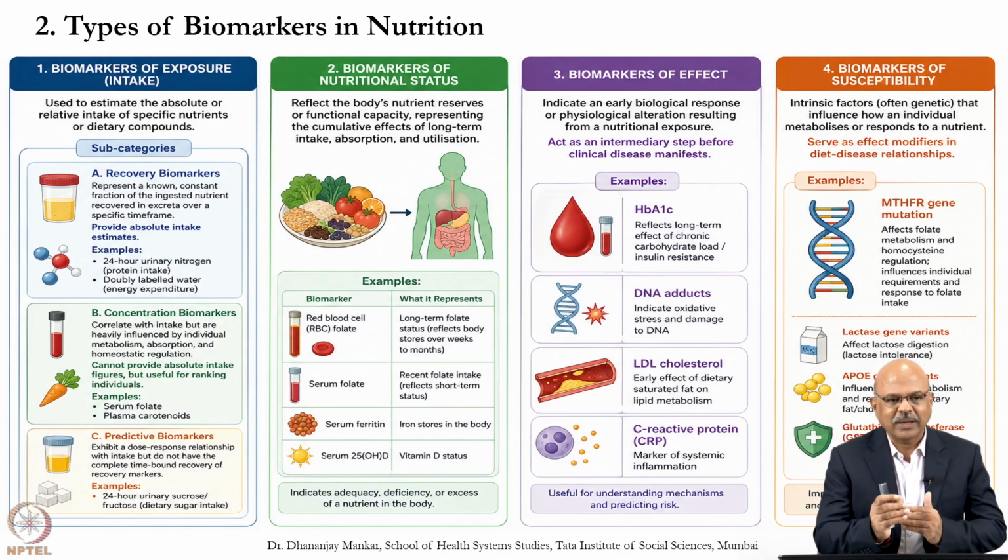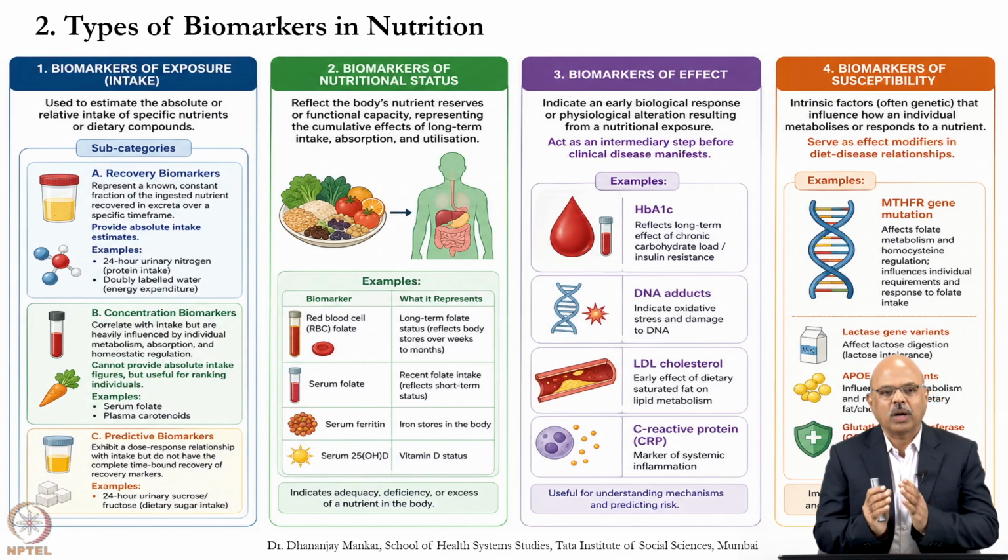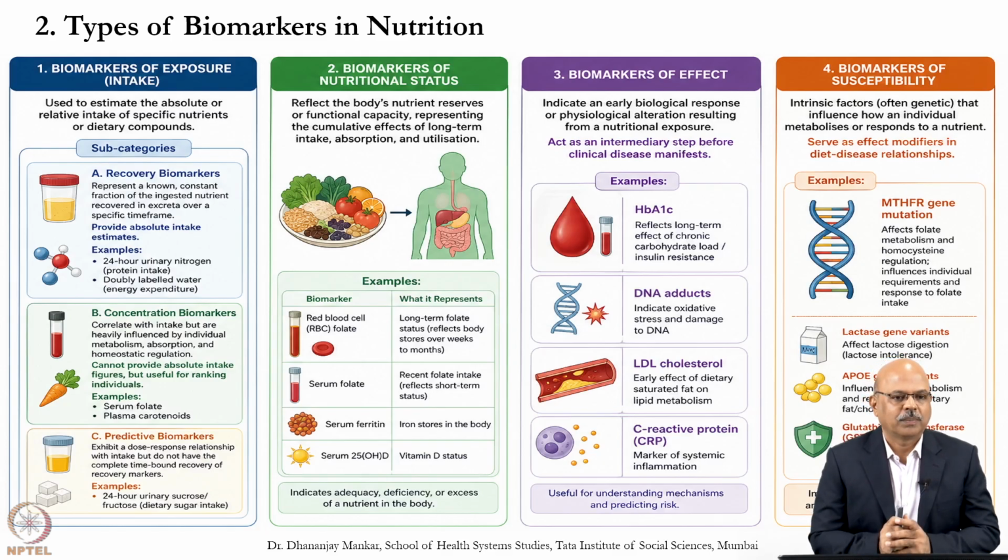There are subcategories. Recovery biomarkers represent a known constant fraction of an ingested nutrient recovered in excreta over a specific time frame. For example, 24-hour urinary nitrogen for protein intake, and doubly labeled water for energy expenditure.